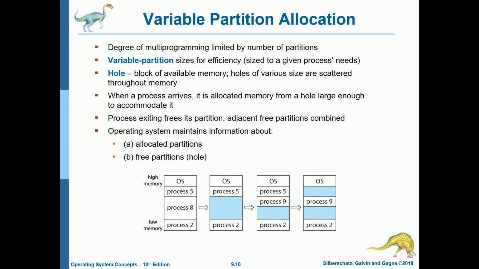As each process enters the system, the operating system takes into account the memory requirements of each process and the amount of available memory space in determining which processes are allocated memory. When a process terminates, it releases its memory, which the operating system may then provide to another process.